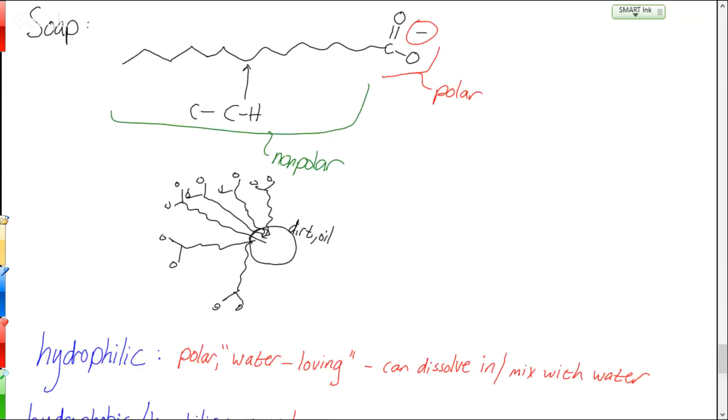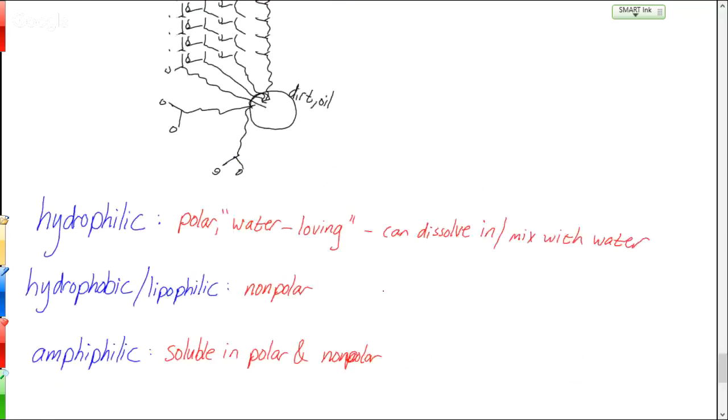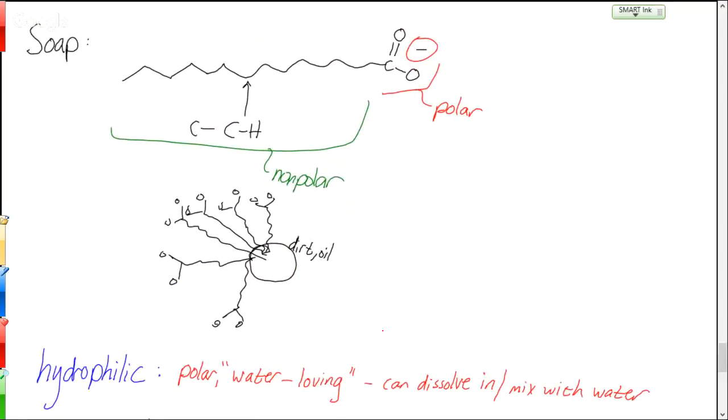So like this soap. Things that would be part polar and part nonpolar. So polar forces tend to go together, nonpolar forces tend to go together. All right, questions about that stuff?